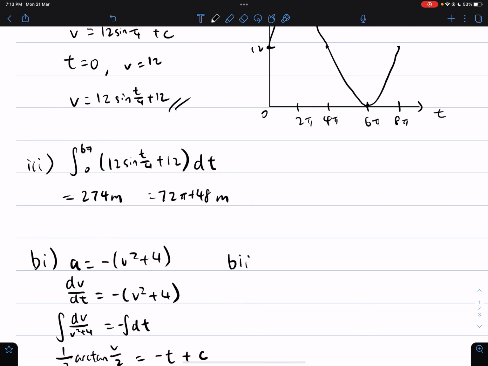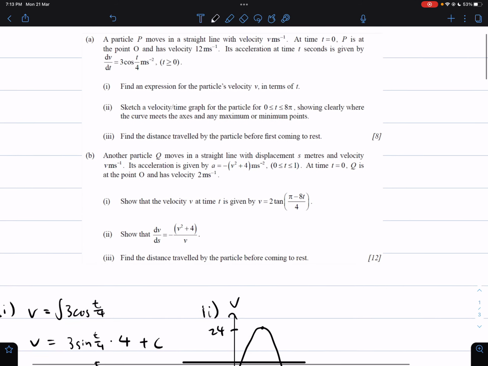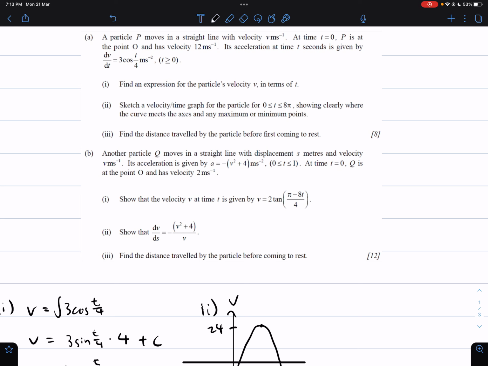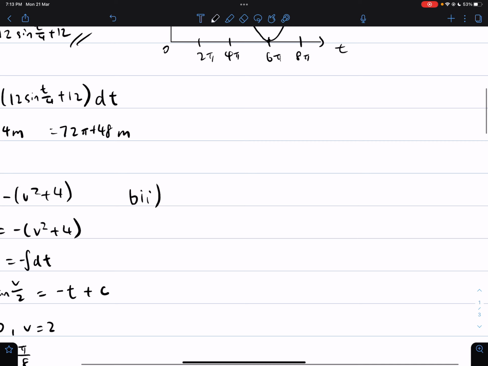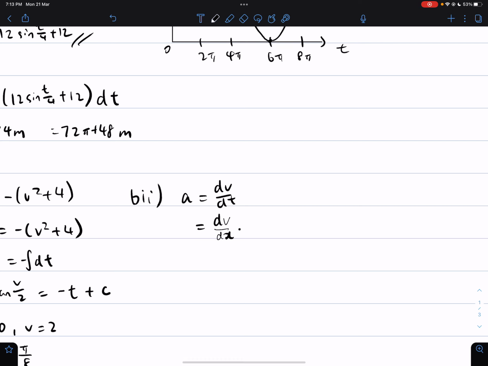So moving on to B2. B2 says, show that dv over ds equals negative v squared plus 4 over v. So let's see. a equals dv over dt, right? So what does that mean? It means that it can also be rewritten as dv over ds times ds over dt.